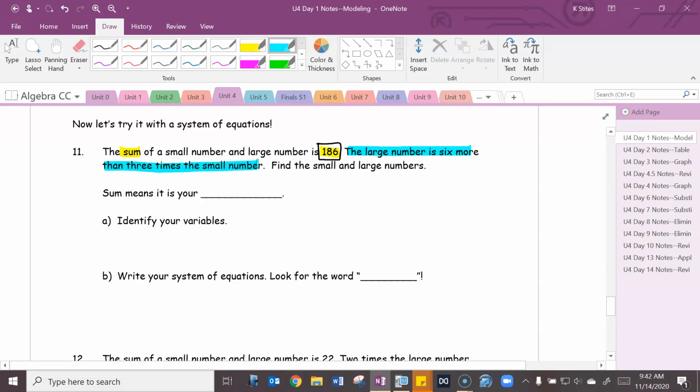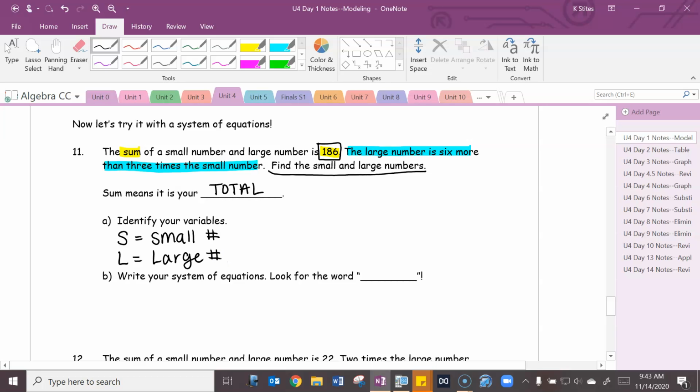Find the small and large numbers. Again, sum means it is your total. Variables. There isn't a question mark here, but they do tell you at the end, find the small and large numbers. So S is going to be our small number, and L is going to be our large number.